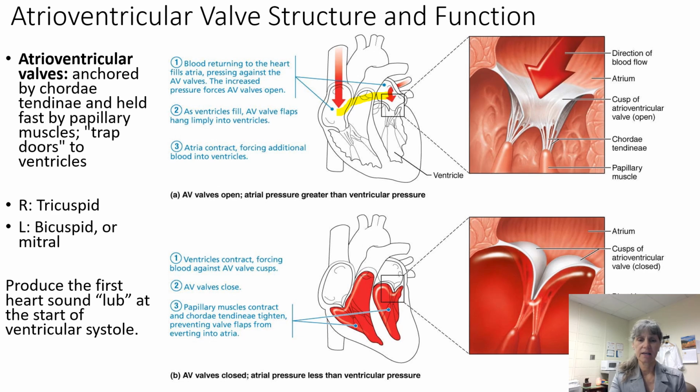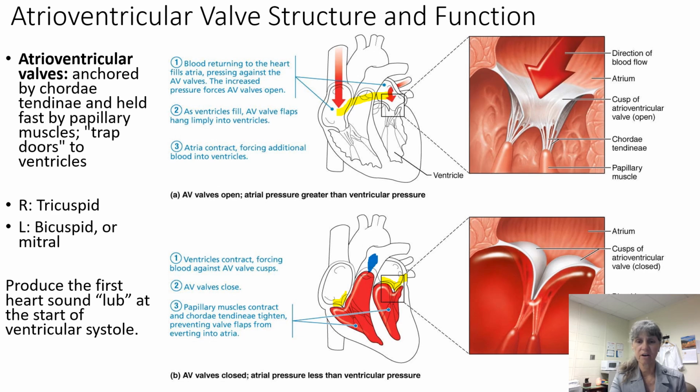And then when the ventricles begin to contract, they are going to close off the tricuspid and bicuspid valves, and as they build pressure, blood will be forced through these semilunar valves in between the right ventricle and pulmonary trunk.